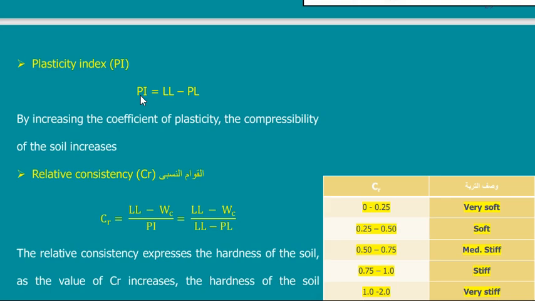They tell me that the plasticity index should not be more than a fixed number, and so on. So it is an important number that we are going to use later in our engineering work.